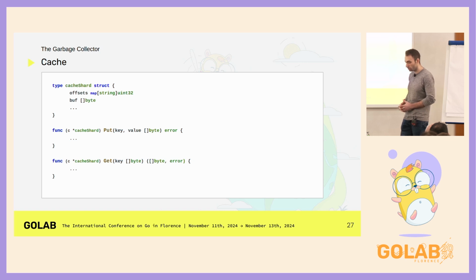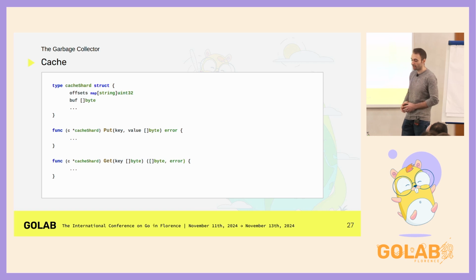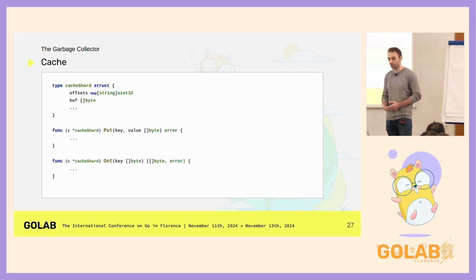So instead, what we do is that we just allocate a large buffer, which is large enough to hold all the objects in the cache that we need, depending on a predefined size. And then we only store the pointers to the starting location within this buffer on the entries that we then have to serialize.